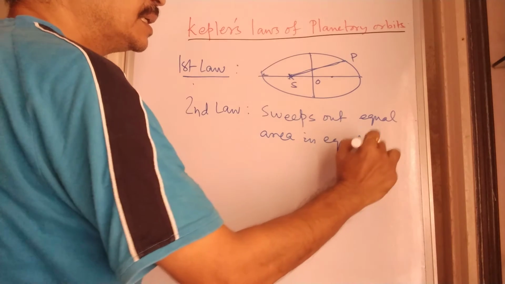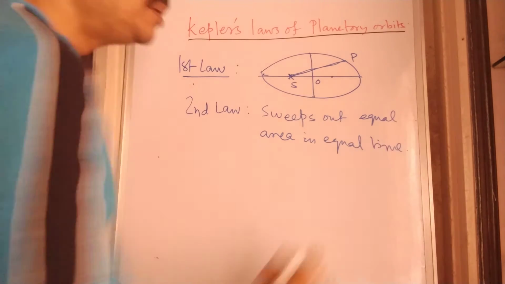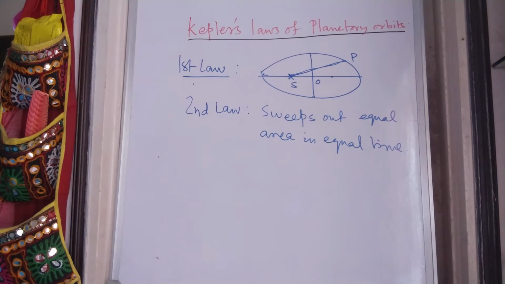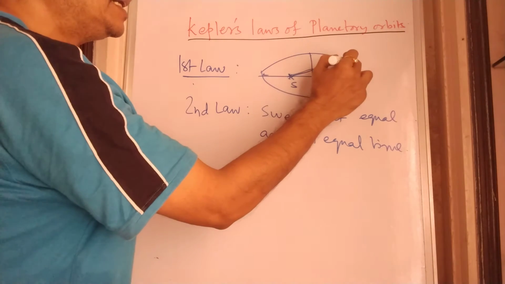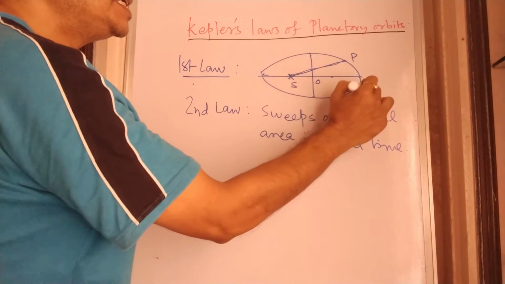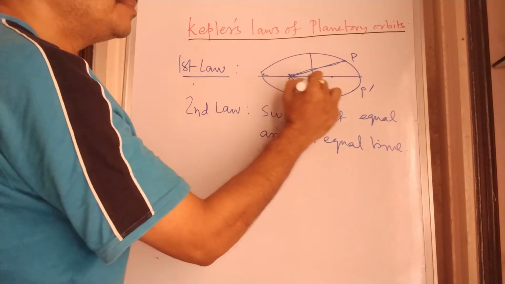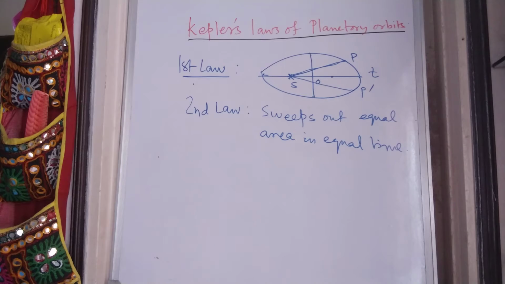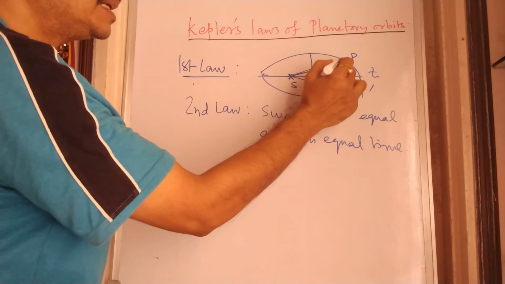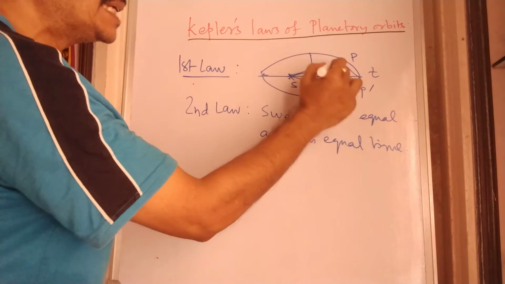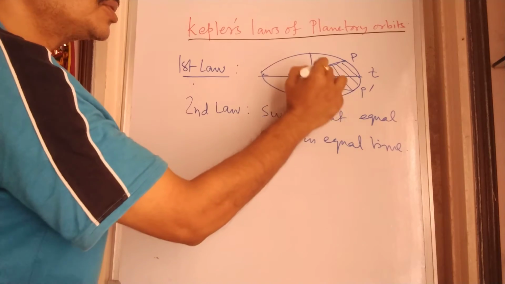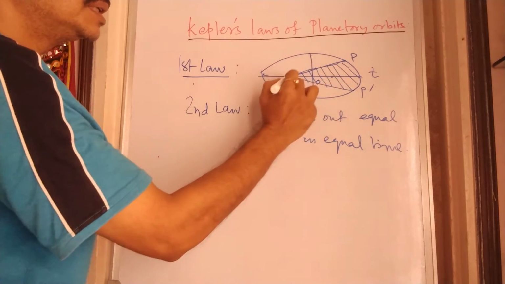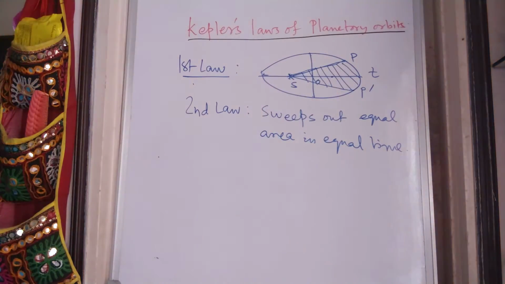What does it mean? Let us explain. We may assume that this planet moves from this position P to this position P prime, say in time t. So the radius vector from the Sun to the planet sweeps out this area, isn't it so?